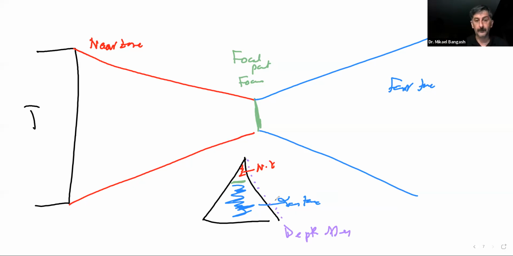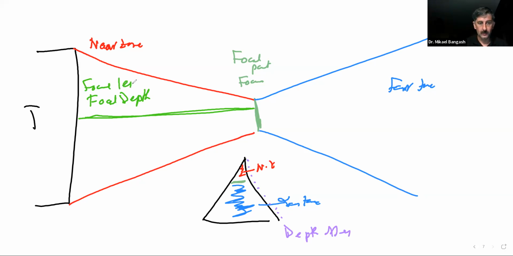Now when we say focal depth, or when we can also call it focal length, that is going to be the depth or the length from the transducer at which the beam focuses. And what does it mean to focus?